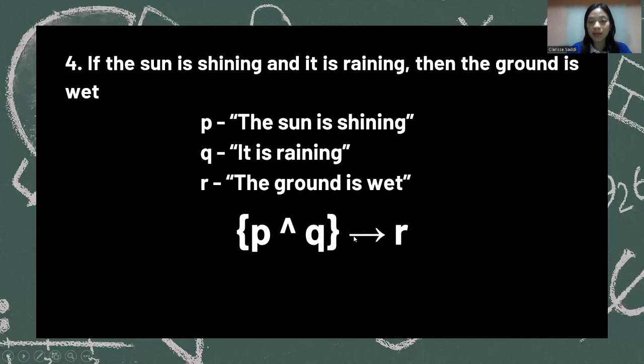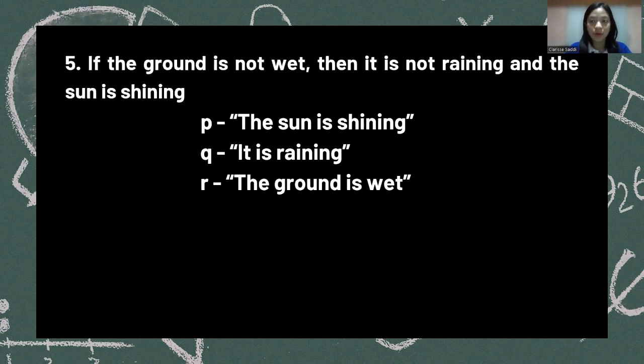So we will be adding the implication or the if-then connective after this combined letters and symbols. So next, we will just simply add R for the ground is wet, since there's no change from the example to the original statement here.